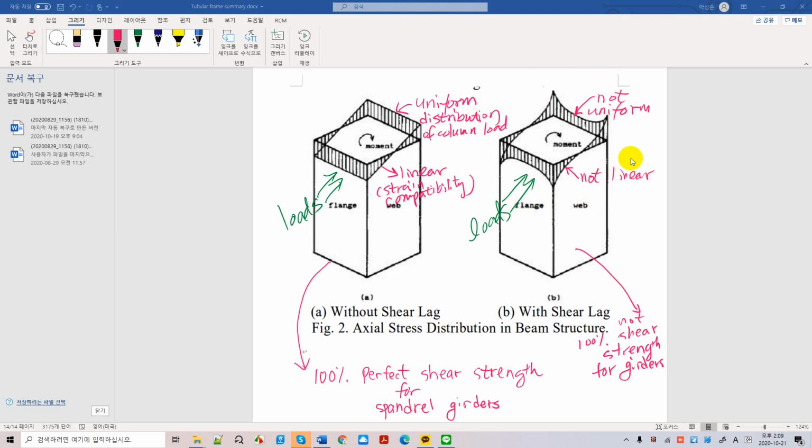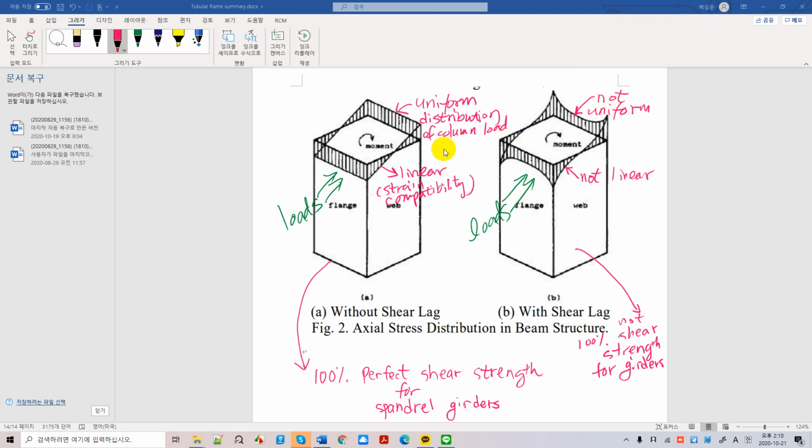So it is very important that we provide very good shear strength for spandrel girders, both on the web side and the compression side, so that we have a linear transfer mechanism and uniform transfer mechanism for both web frame and flange frames, eliminating this type of transfer mechanism.